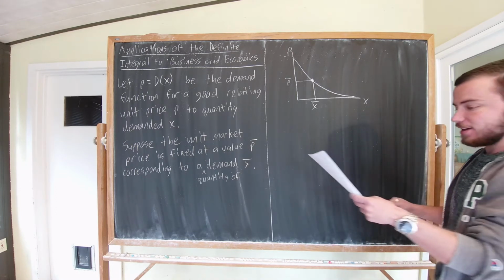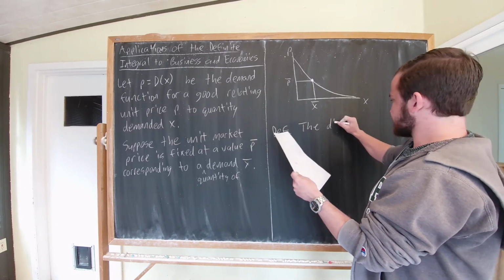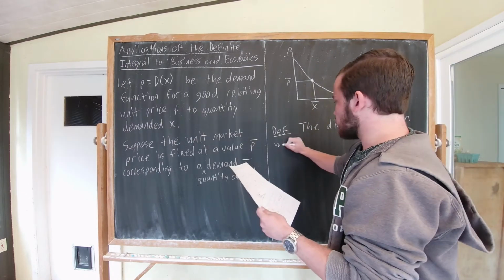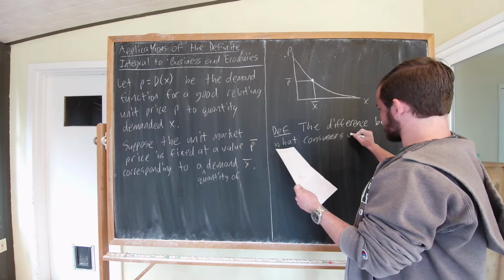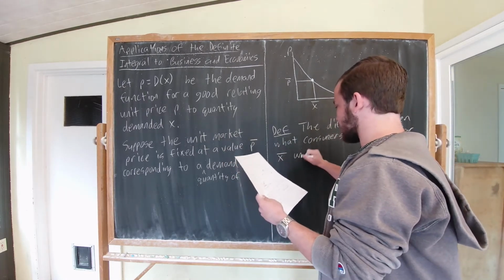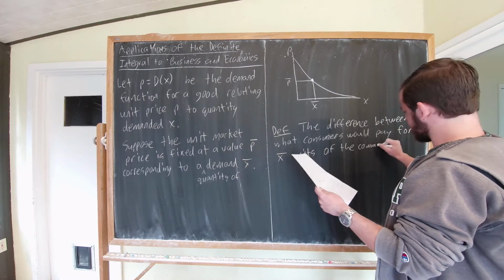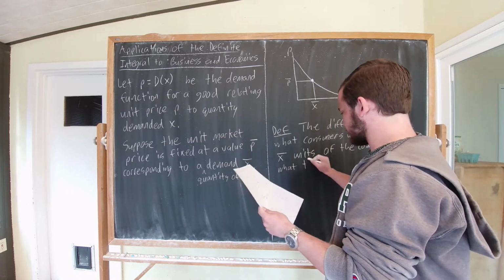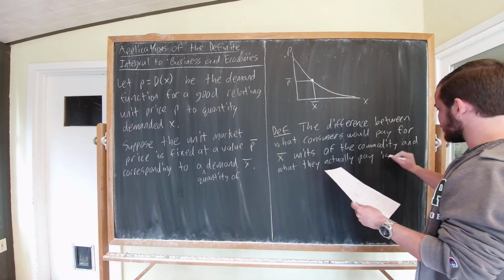Alright, so how do we quantify that? The difference between what consumers would pay for X bar units of the commodity and what they actually pay is called the consumer's surplus.